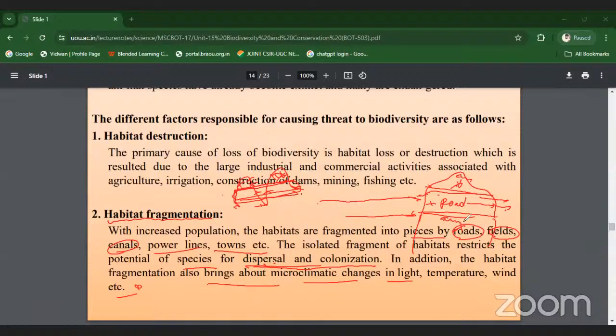So dispersal of seeds, and also physical contact of the animals, is not possible. Due to the lack of mating, reproduction gradually decreases. This is likewise habitat loss. So this is the second one.